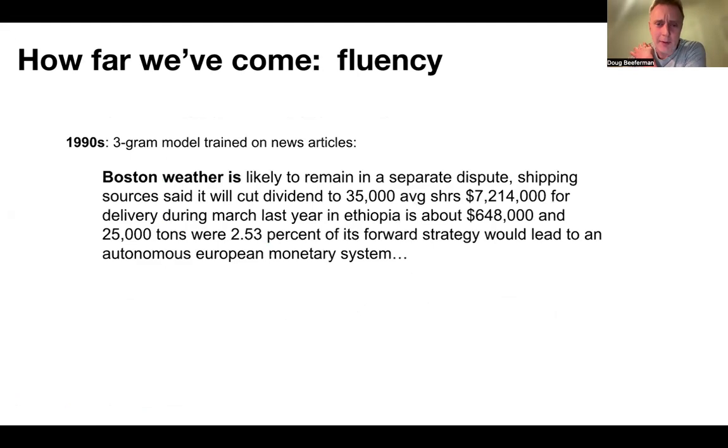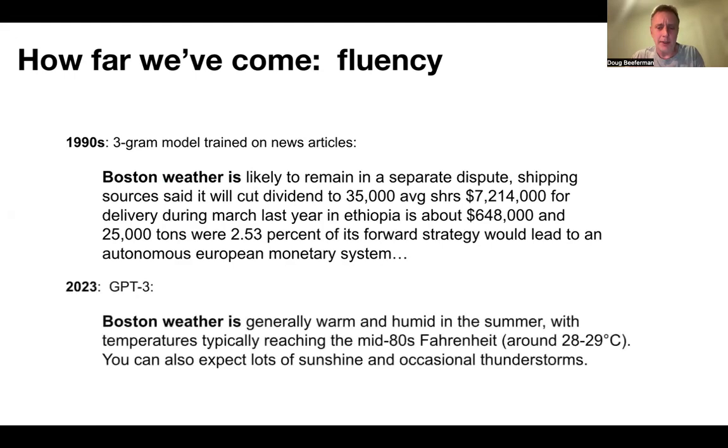Another way of looking at how far we've come is fluency. Here's my chat n-gram completion for "Boston weather is": "Boston weather is likely to remain in a separate dispute, shipping sources said." But if I give the same prompt to GPT-3: "Boston weather is generally warm and humid in the summer, with temperatures typically reaching the mid-80s Fahrenheit."